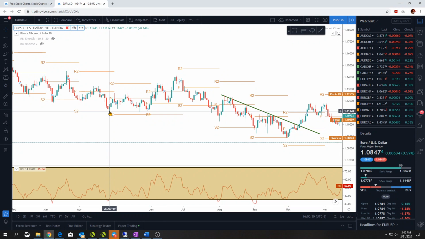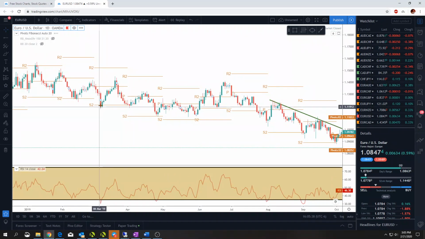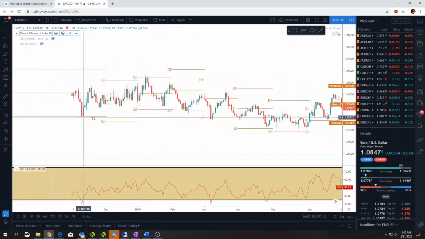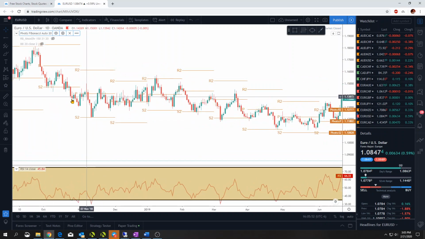Price touched S2, shot up. Never hit these S2s, went on an upward little trend here. Price pretty close to S2, reversed up. So do you guys starting to see what I'm showing you here? Hit S2, up. Hit S2, up.